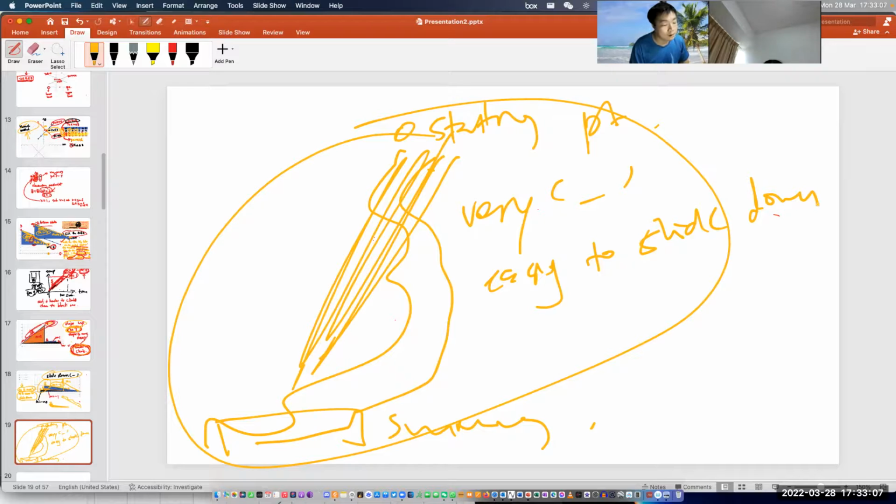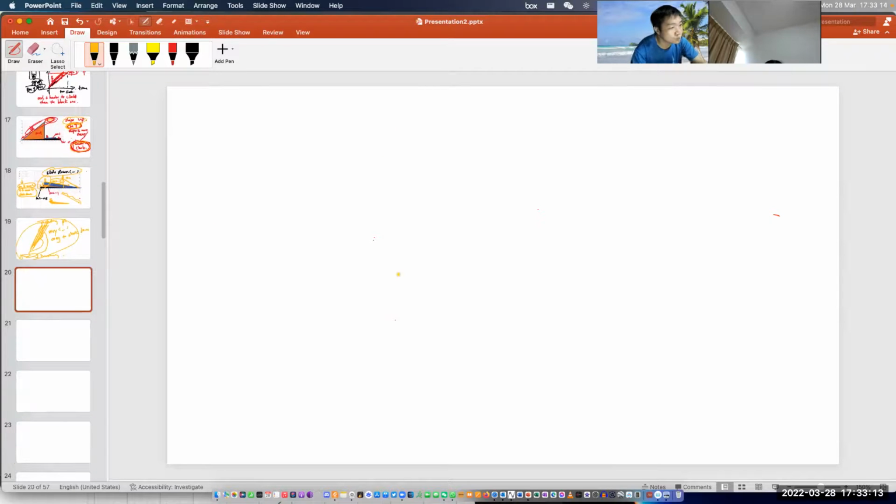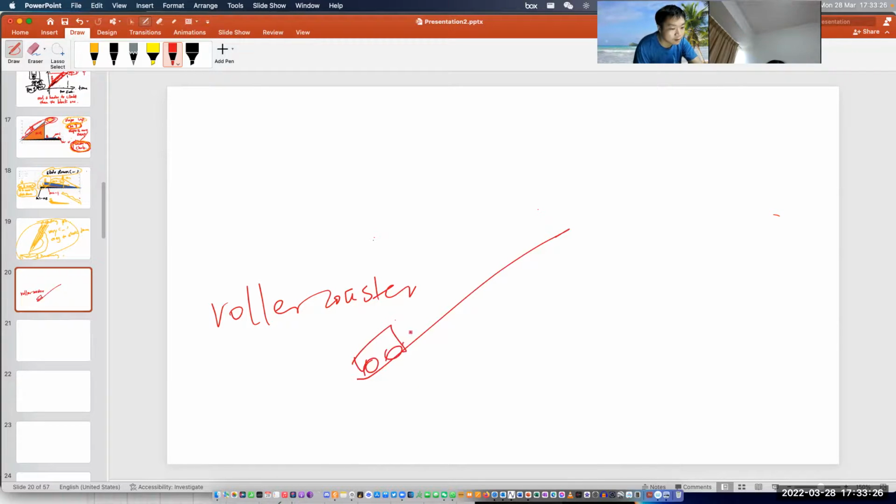Like Universal Studios as well. I think you went to Universal Studios, right? At the start of the roller coaster, they will drag you up the slope first, and after that, they will come down. So you just need to imagine this.